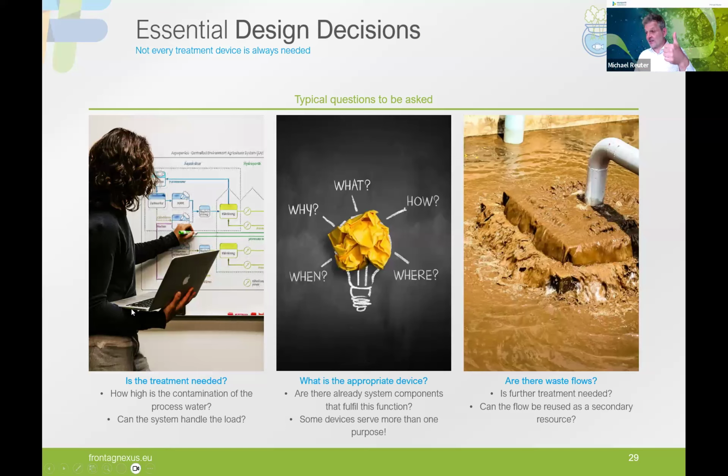And then we have to ask ourselves the question: are there waste flows produced by the treatment device that we have to take care of, or can we use them again in a larger system as a secondary resource? Like, for instance, the nutrient-rich water or the sludge of the solid removal process that we can somehow reuse in our hydroponics part of an aquaponics system.